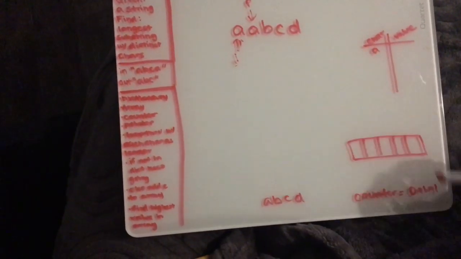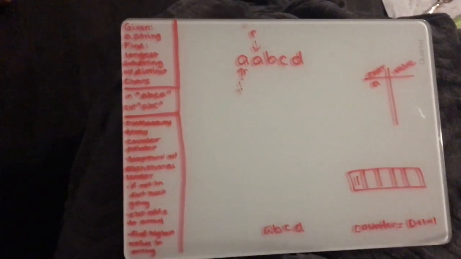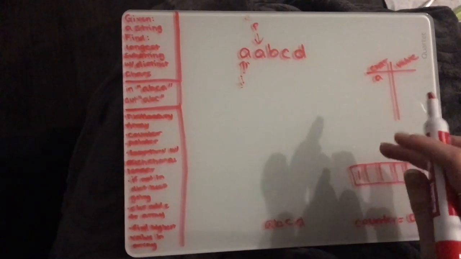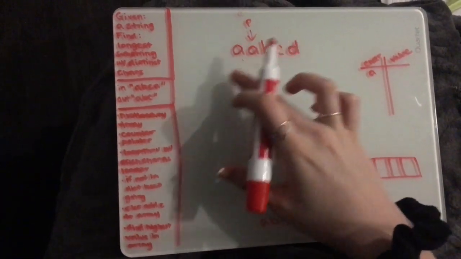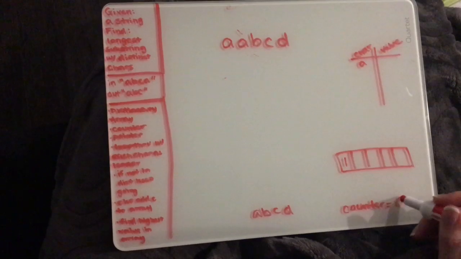Yes, so we will add our counter to the array, and now set our counter back to 0, clear our dictionary, and move I and our pointer.